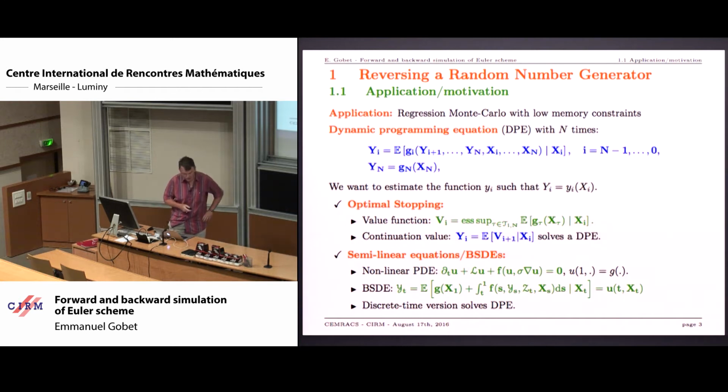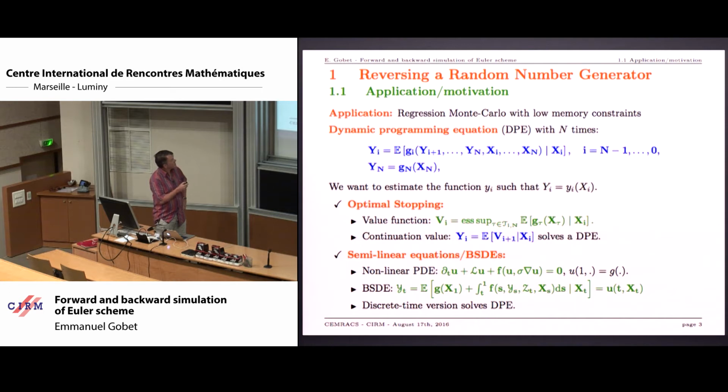The general form of this dynamic programming equation is the following one. It is not the most general, but it is a typical form. You know the n. Your process starts from a given function, from a process you can simulate, Xn. Usually this is a Markov chain. Then you have to compute backward in time, iteratively, this Yi process.